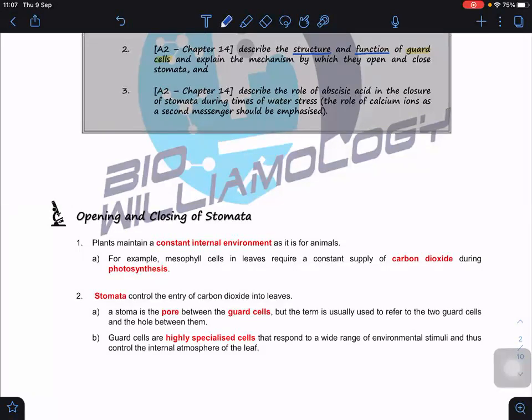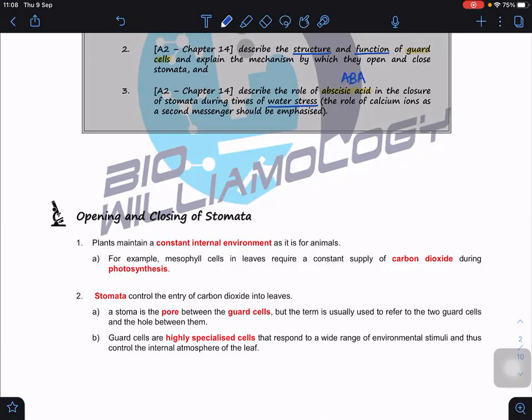Okay, so when the plants undergo water stress, and when we use the word water stress, it means that the supply of water cannot meet the demands of the plants. Most of the time it's because of transpiration. The rate of transpiration is too high, and they lose more water content as water vapor compared to what they can get from the soil. So we have to look at one of the hormones called abscisic acid, or in short, ABA.